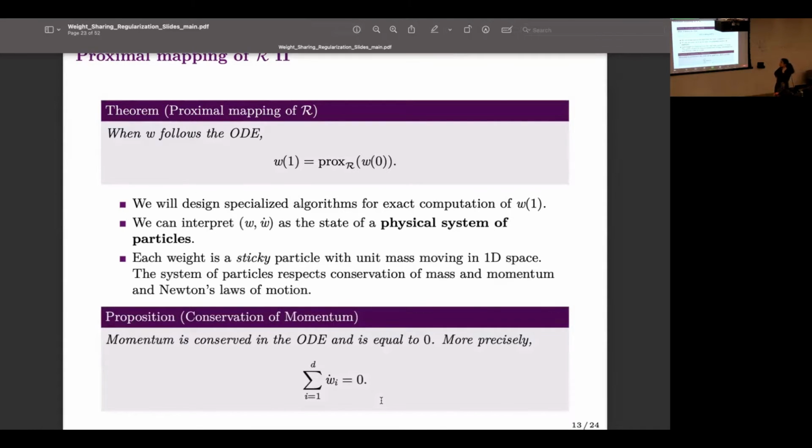For that, we have to interpret W and W dots as the states of some physical system of particles. Can you provide a bit of intuition why this theorem is true? Yes, it actually comes from the monotonic inclusion part. We're moving from step 0 to step 1. At T1 we have gradient G1.